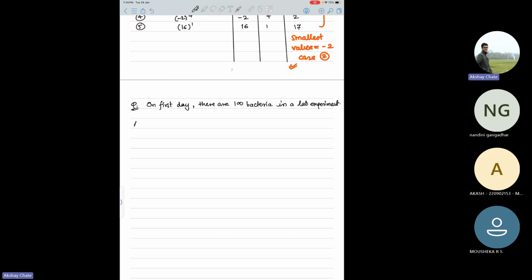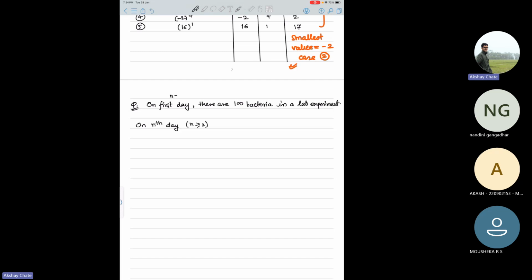On the nth day, where n has to be greater than or equal to 2.